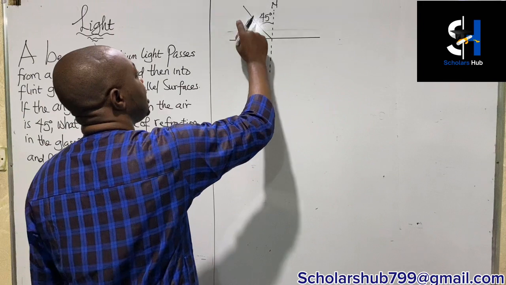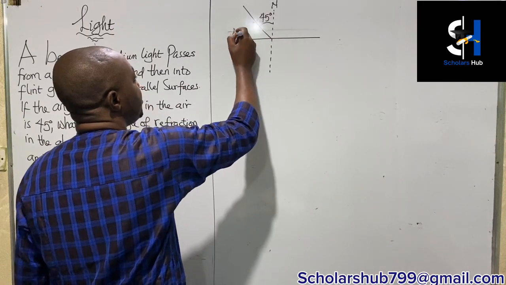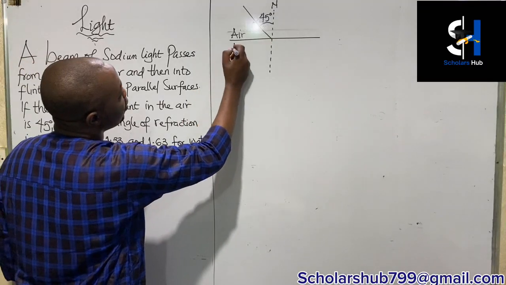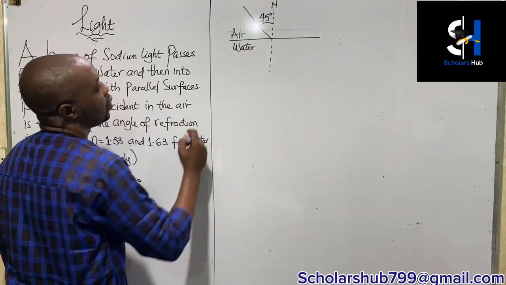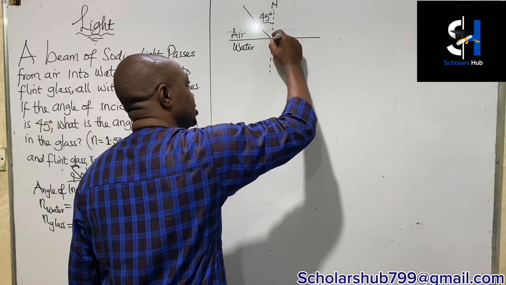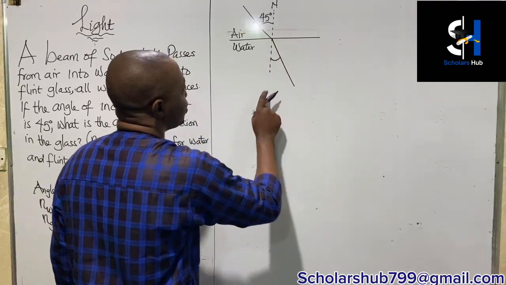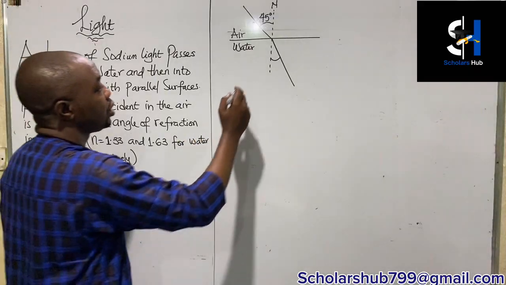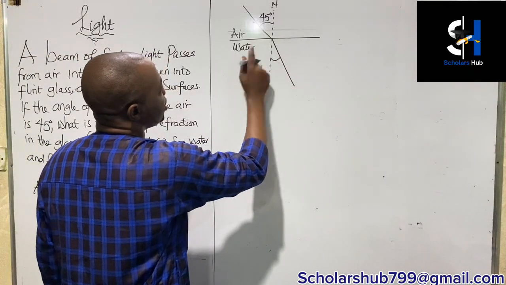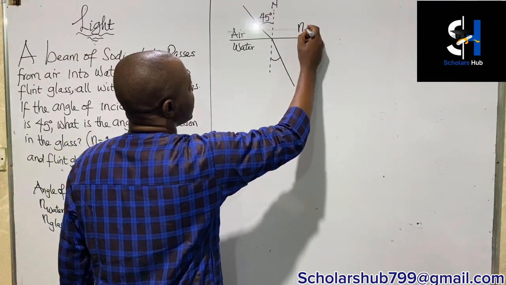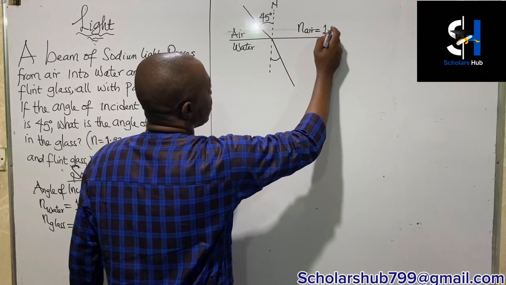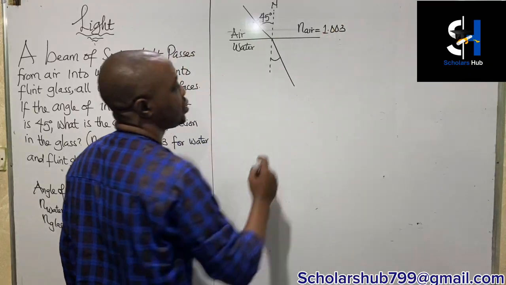So when the light passes from air, the first medium is air. Now the second medium is water. Then the light bends towards the normal. That means the light refracts towards the normal. So the second medium is water, and we have the refractive index of air. Don't forget that the refractive index of air will be 1.003.